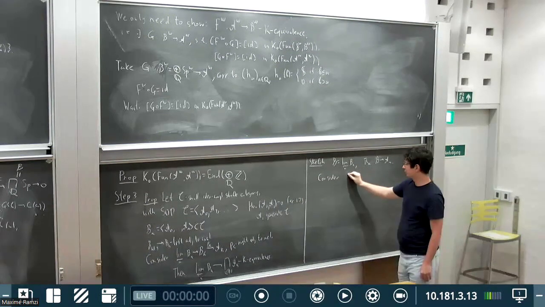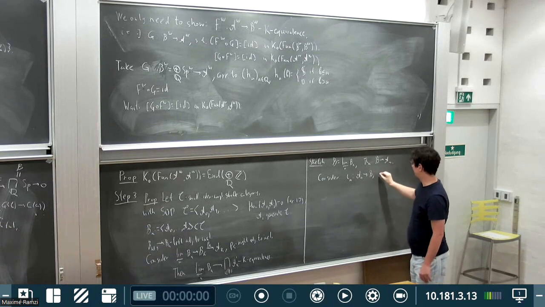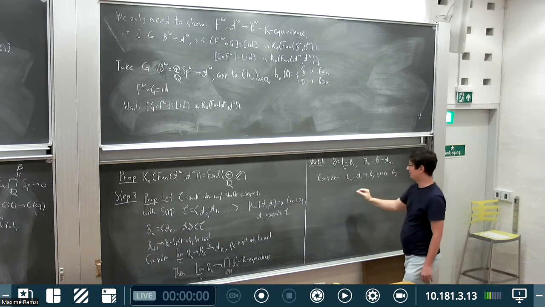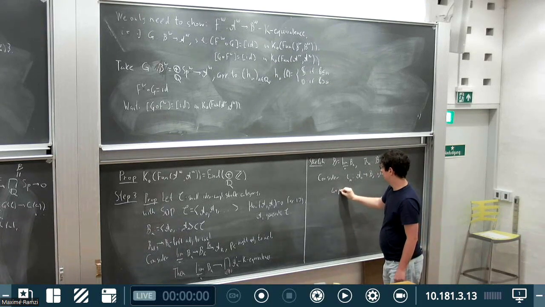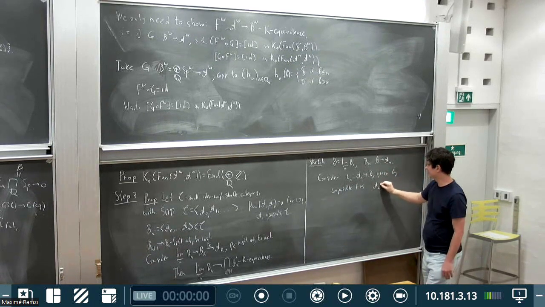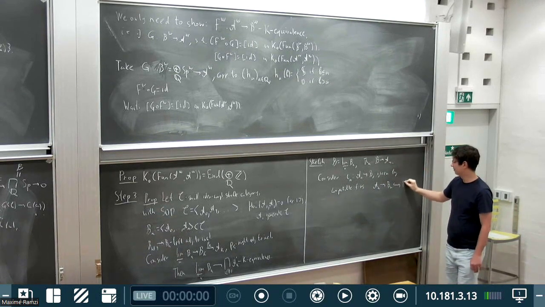inclusions. So we have all inclusions iota n from An to B, given by compatible functors. So you first take inclusion of An into Bn with the same n, and then embed into Bk.